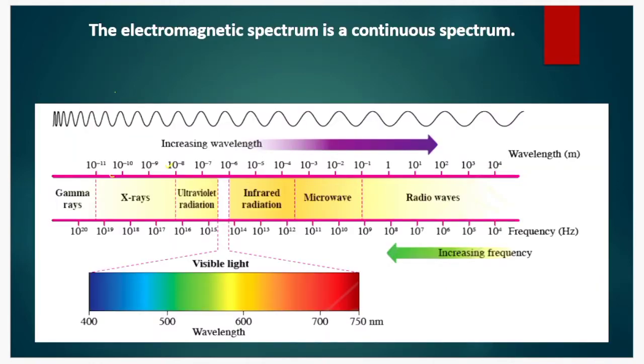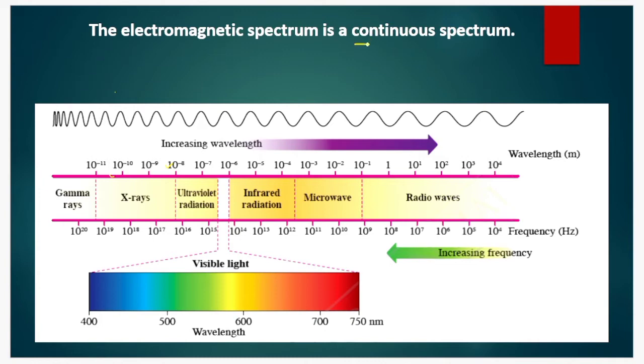In Form 4, we have studied about electromagnetic waves. In the topic, you are introduced to the electromagnetic spectrum. The electromagnetic spectrum is a continuous spectrum. What is the meaning of continuous?